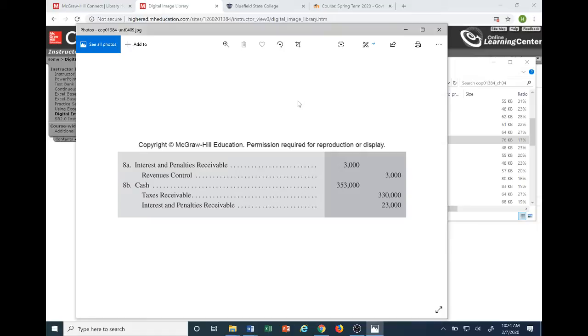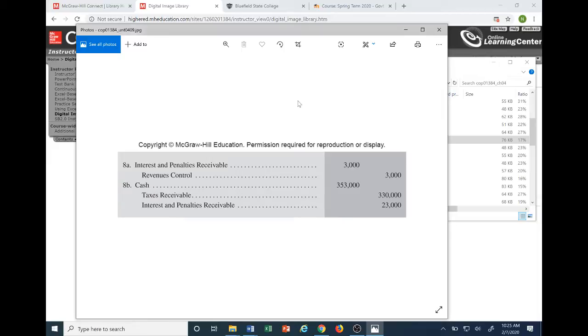So let's look at the entry here. Let's break this down a little bit. Entry 8A records the additional interest as revenue. If we recall, there was $3,000 of additional interest that was collected for the period from the first day of 2020 until it was paid, right? So that $3,000 is the current year, from the beginning of the year to when it was actually paid.